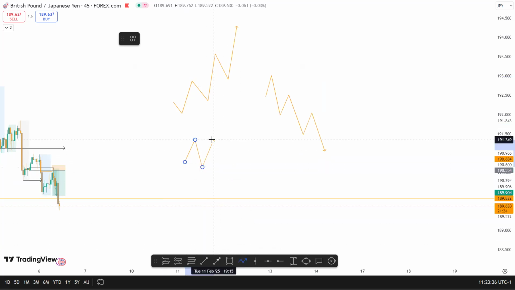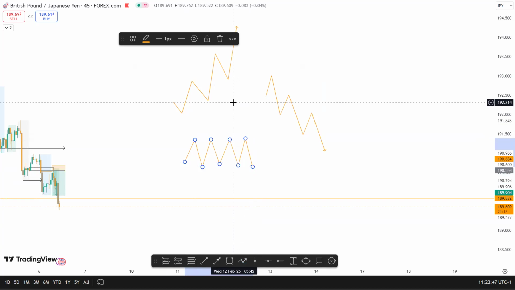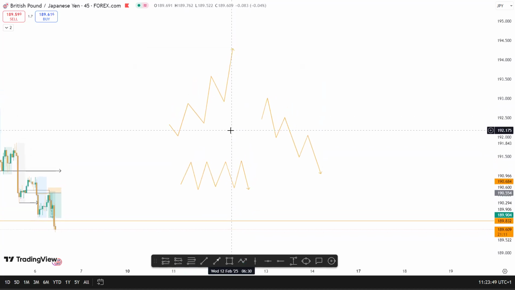Although some people's strategy works best in it, but for me, if you're still a newbie, I would advise you stay out of this type of market. These are the only three types of market structure you see.